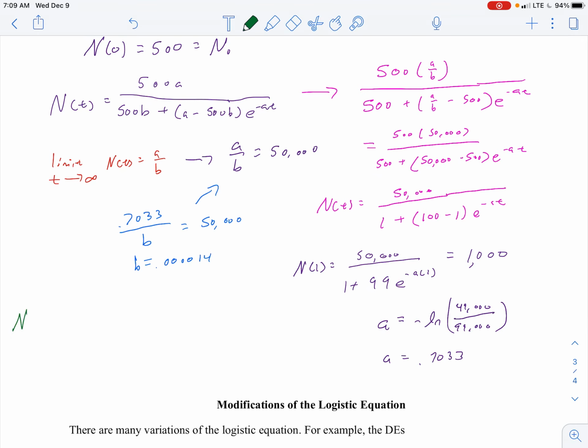So we have N of t is equal to 50,000 over 1 plus 99 e to the negative 0.7033 t.